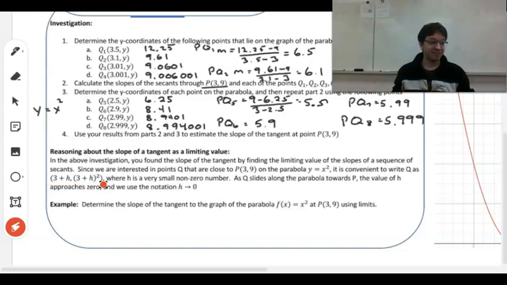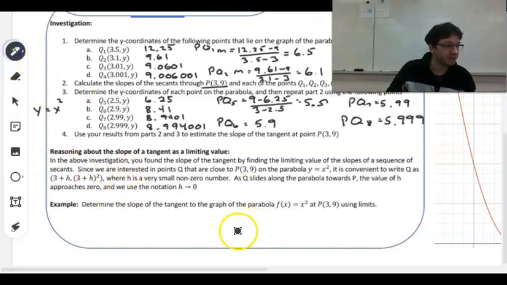And what we're going to do is apply our slope formula. Your slope is simply change in y over change in x.